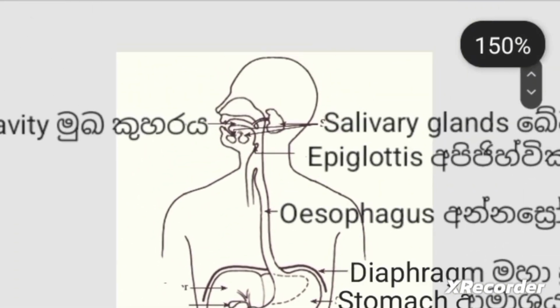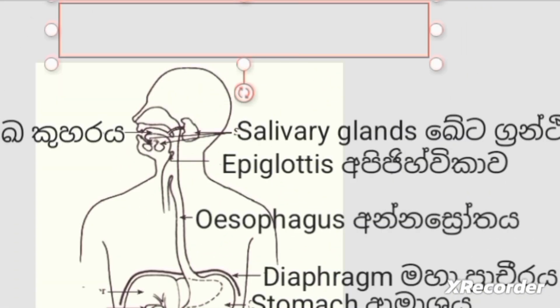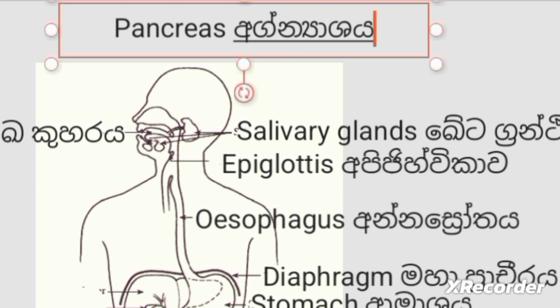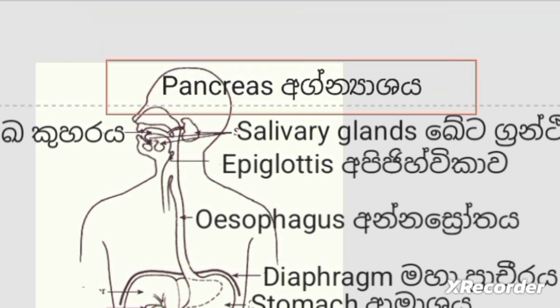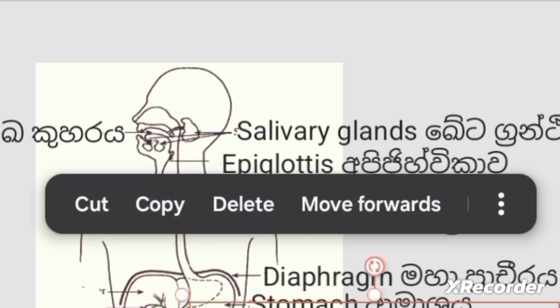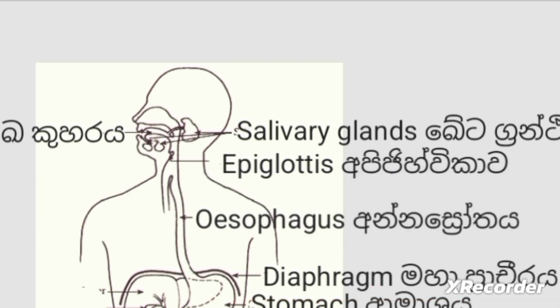Next, this one, in English we call it the pancreas. In Sinhala we call it Agnyashaya. So you can label this leaf-like structure as pancreas.